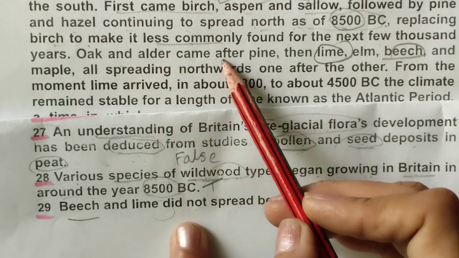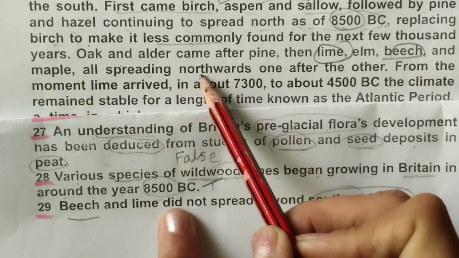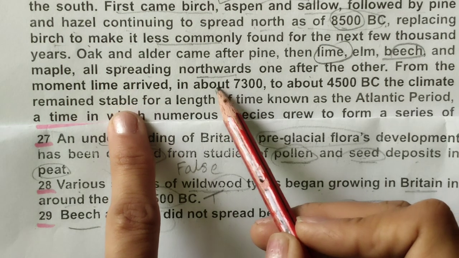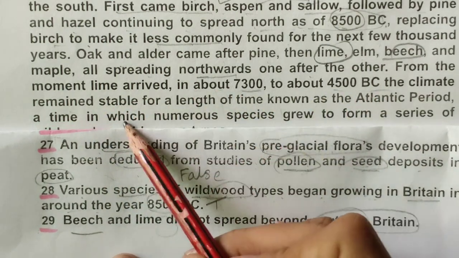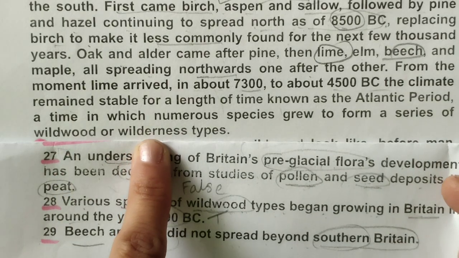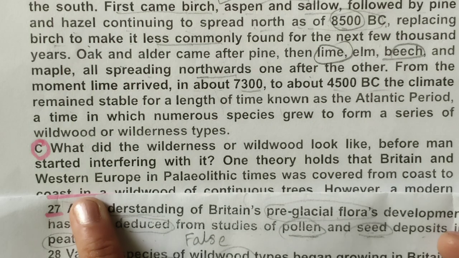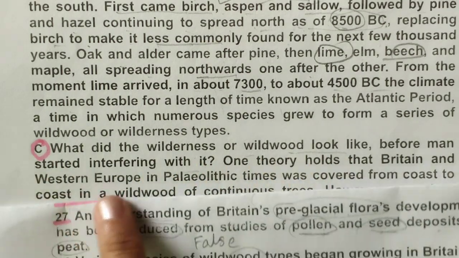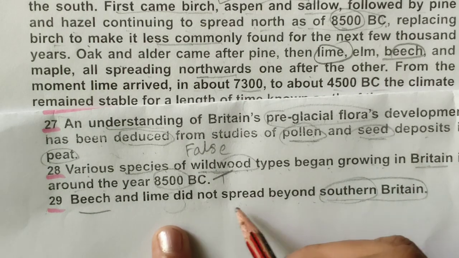Oak and elder came after pine, then lime, elm, beech, maple, all spreading northwards one after the other. From the moment lime arrived in 7300 BC, the climate remained stable. Series of wildwood types. Okay. So here they are not directly talking about southern Britain, did not spread.